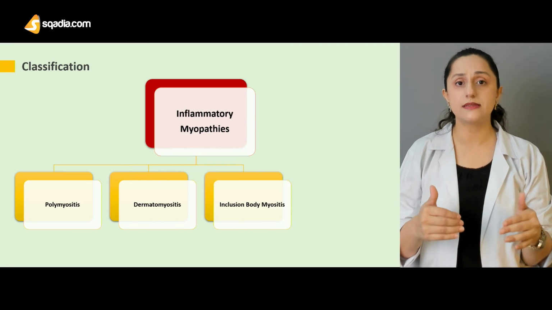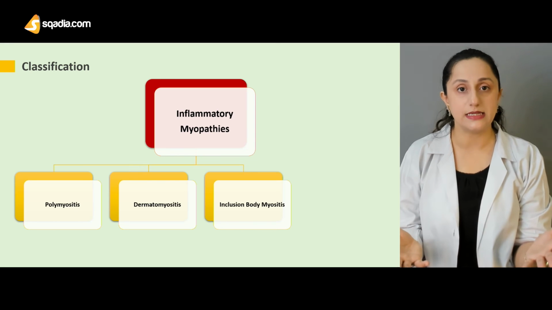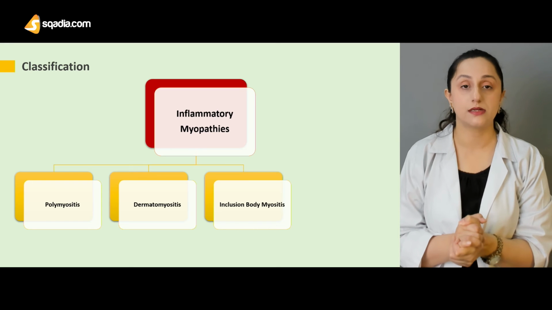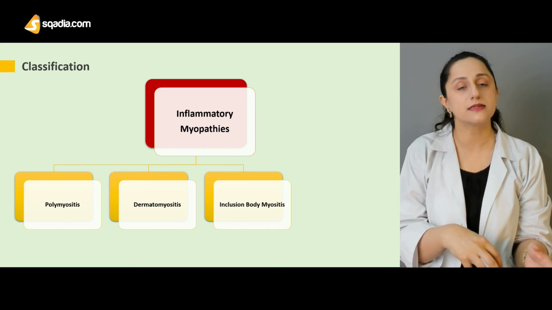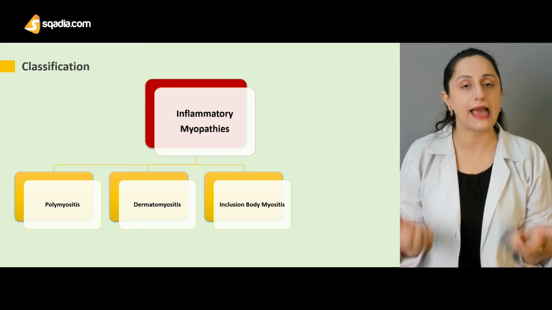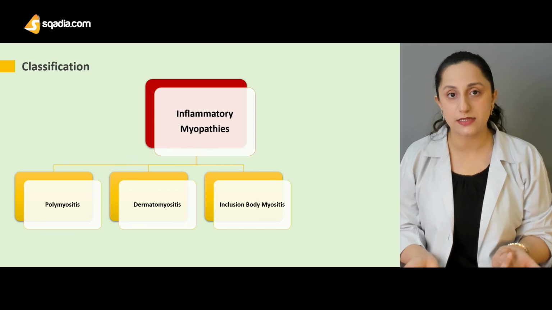So there is a very thin borderline between all of these categories. The symptoms are usually overlapping in nature. It can even be a patient who initially presented with polymyositis and later on developed some sort of dermatological manifestation, and we concluded that this patient is now suffering from dermatomyositis.